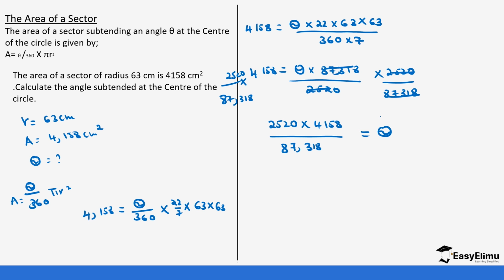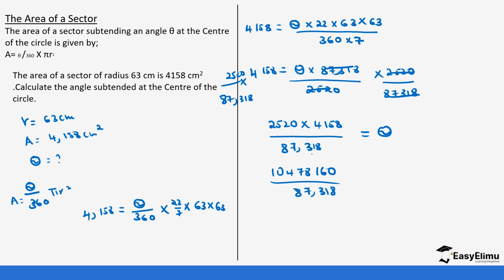So when you do 2,520 times 4,158, we get 10,478,160. This is divided by 87,318.